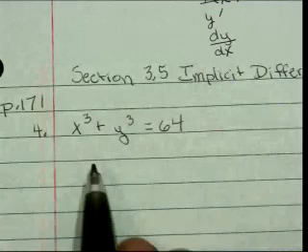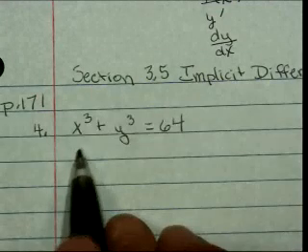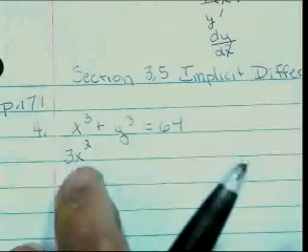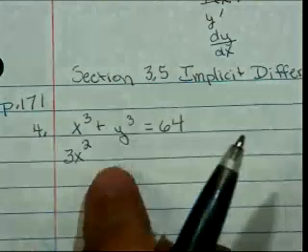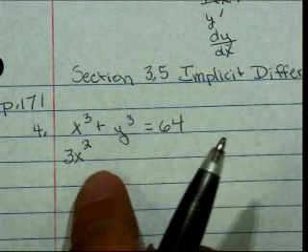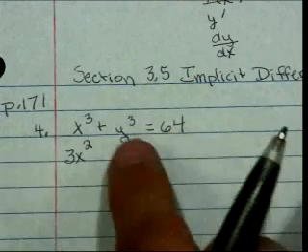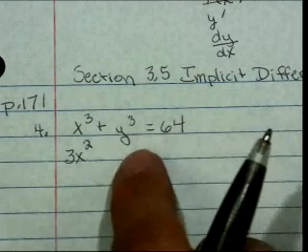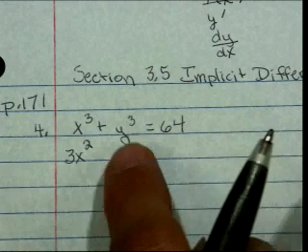All right, in this first term, what's the derivative of x cubed? 3x squared. And I don't have to have the derivative of x because the derivative of x is just 1, if I'm differentiating with respect to x. But the second term is not just x cubed, it's ugly cubed or y cubed.